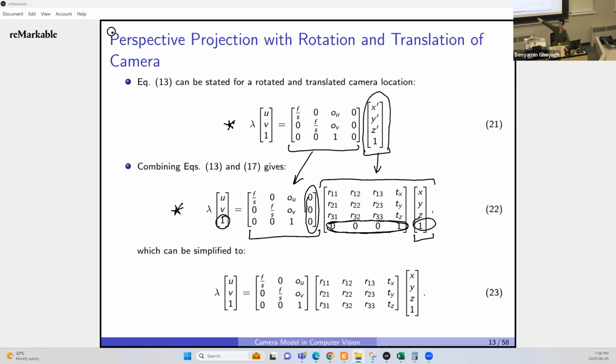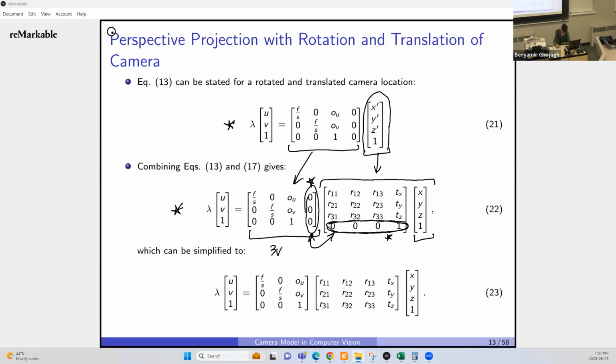I can get rid of these 2, I apologize. The multiplication of this column with this row is useless. I can get rid of that.